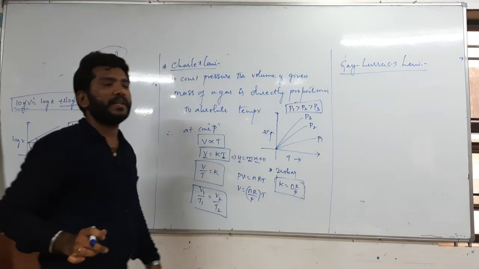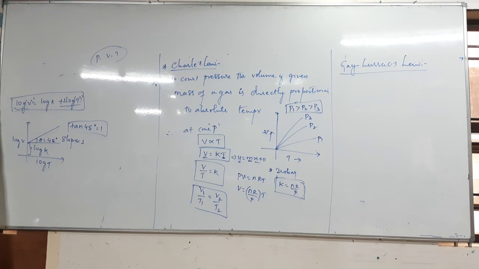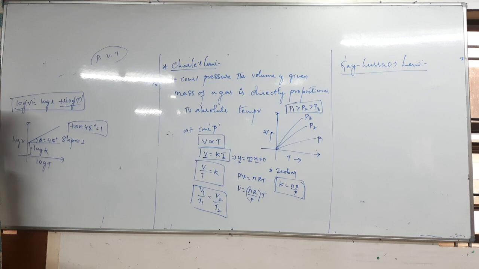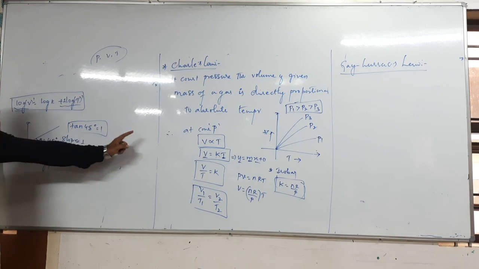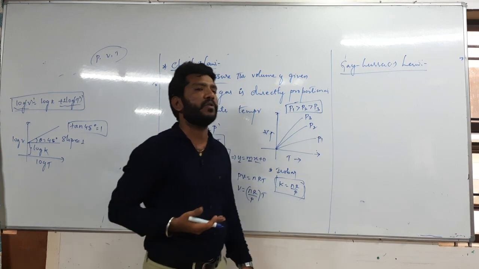So this particular law says: in Boyle's law one parameter is constant, that is temperature, but in the case of Charles' law pressure is constant, but we could easily predict that here volume is constant.